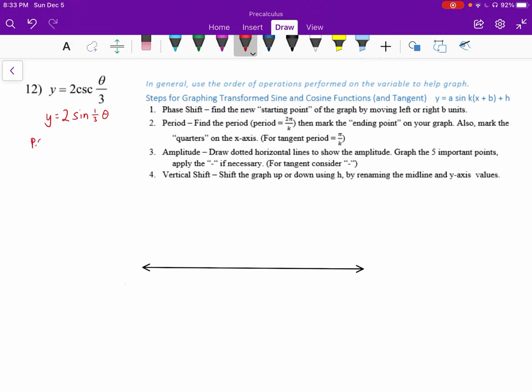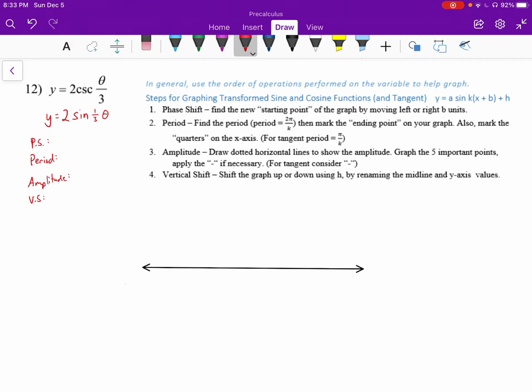We're going to look at phase shift, period, amplitude, and vertical shift. When we do amplitude, this is the amplitude of the sine graph.